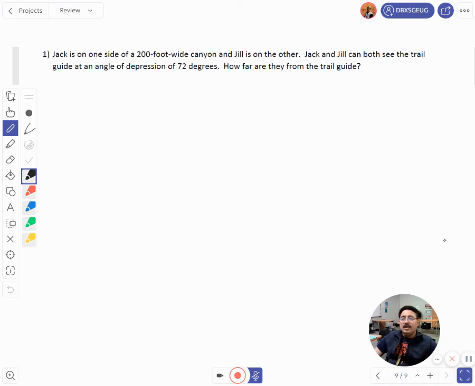So, here is Jack, and here is Jill. Jack is on one side of a 200-foot wide canyon. Therefore, the width is, my bad, it's not a straight line.